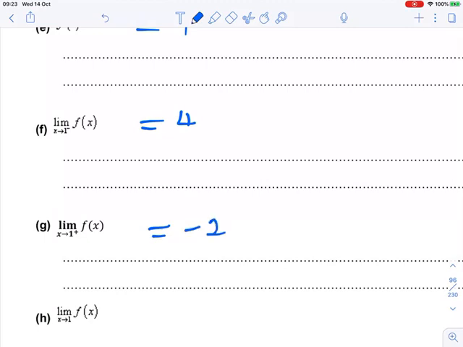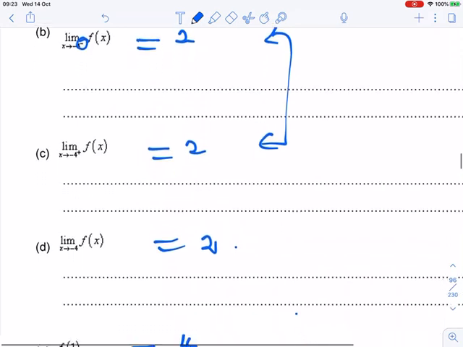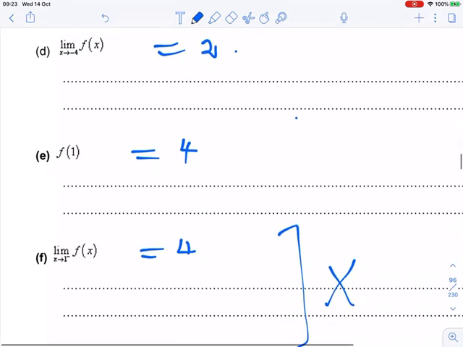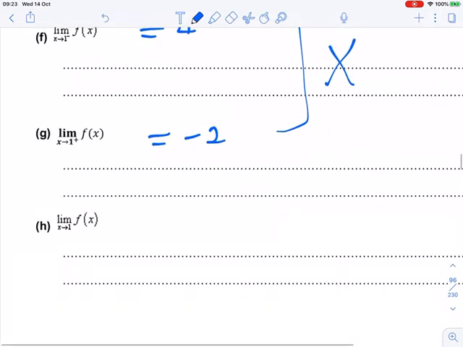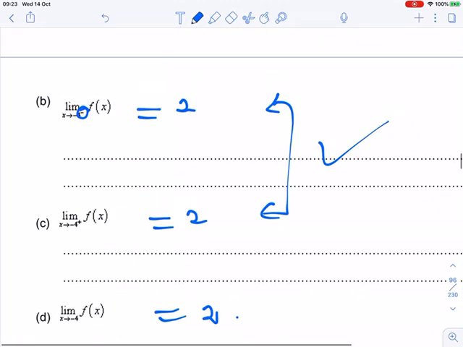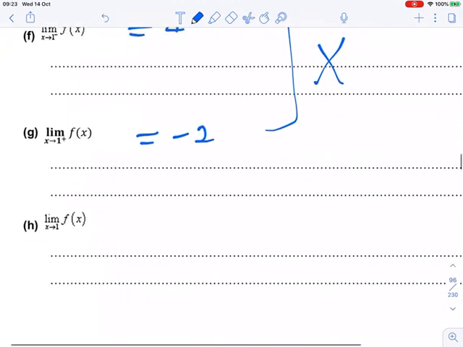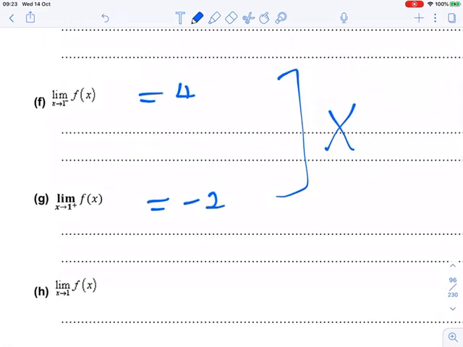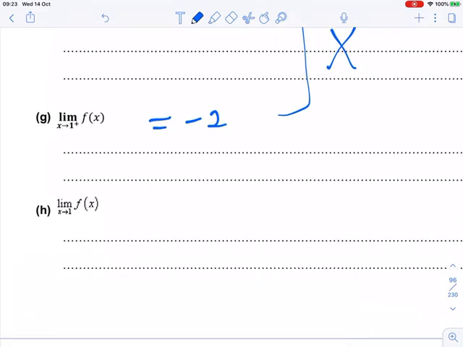What is the limit there? It doesn't exist because the values aren't the same. Here they were the same and the limit exists. Here the left and the right limit are different. It doesn't exist, so the limit is undefined. We cannot define a limit here.